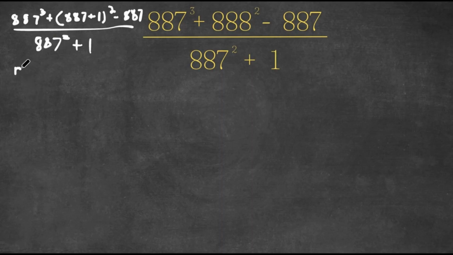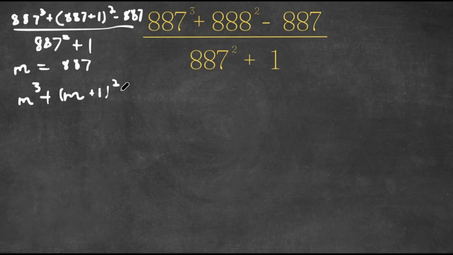Now I'm going to set the variable m equal to 887. So now if I replace m for 887, I get m to the power of 3 plus m plus 1 squared minus m, divided by m squared plus 1.